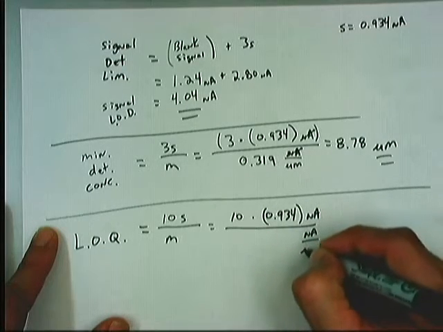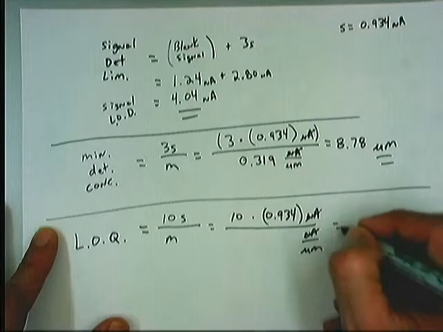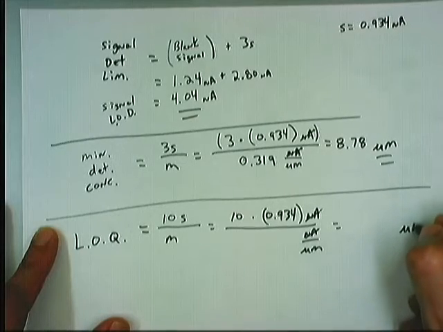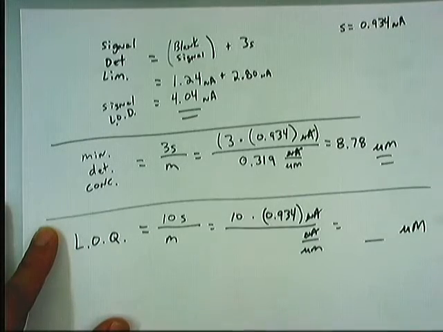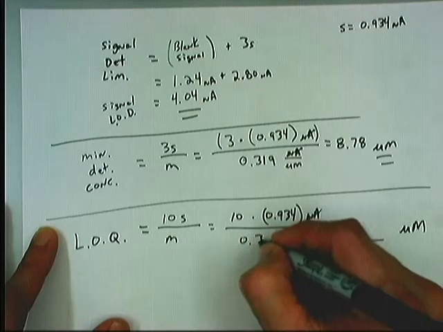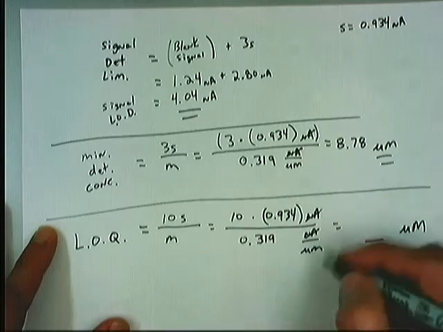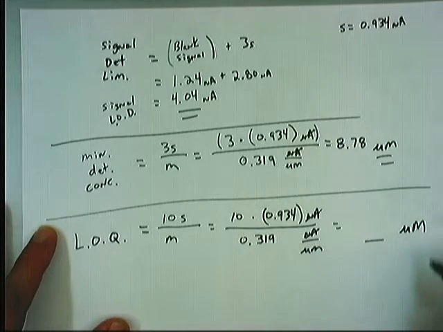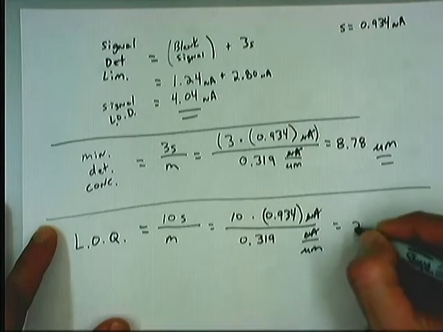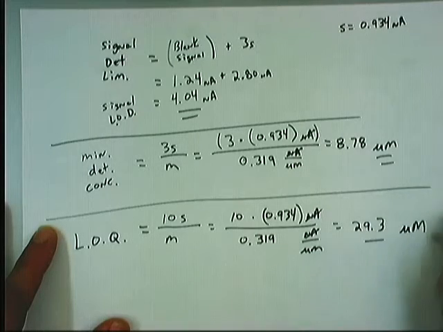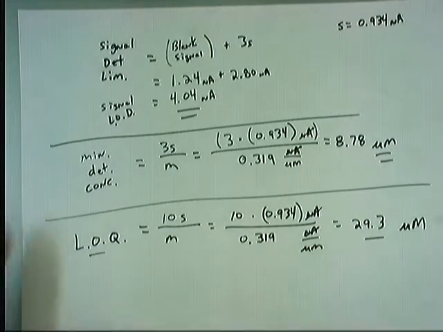M is also the same. And the same cancellation occurs. I'm still going to get micromolar over here. The number that I use for M, of course, is the same. That's the slope of the external calibration line. Units cancel, and I end up getting about 29.3 micromolar for my limit of quantitation.